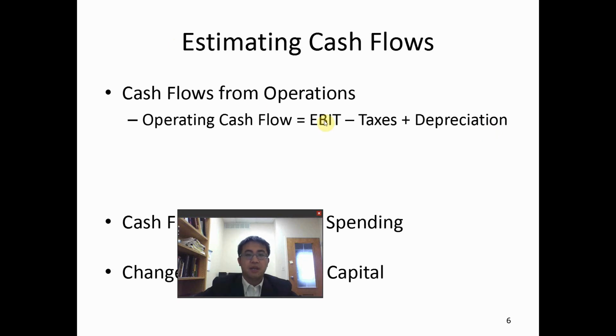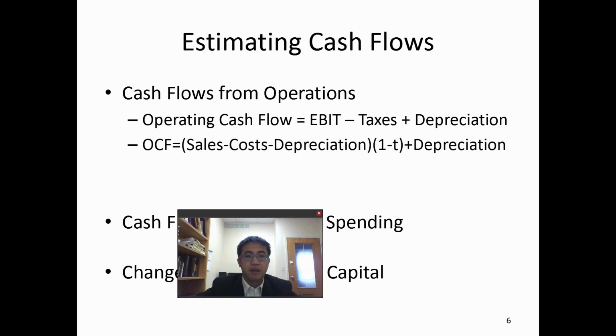So the EBIT basically is, sorry, maybe I did not mention depreciation. Let me repeat again. EBIT is sales minus costs minus depreciation. So if you expand EBIT, sales minus cost minus depreciation, then since you need to deduct taxes away, right here you multiply by 1 minus tax rate. Then you add depreciation.